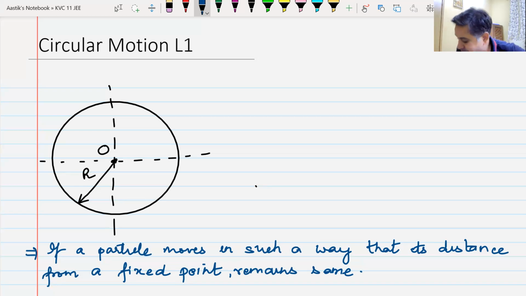Now, what is this fixed point known as? What is this fixed point from where its distance remains constant? Can anyone tell me what that fixed point is known as?